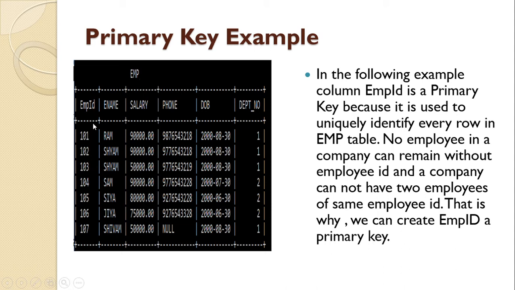Okay, so we can make this employee ID column a primary key because it contains the unique value and does not contain the duplicate value, and also does not contain the null value, that is empty value. So this is the example of primary key column.